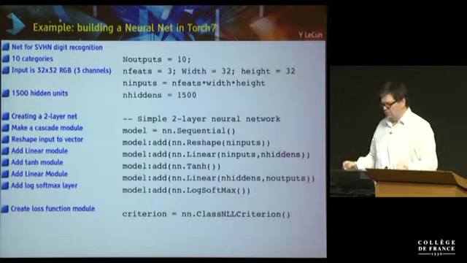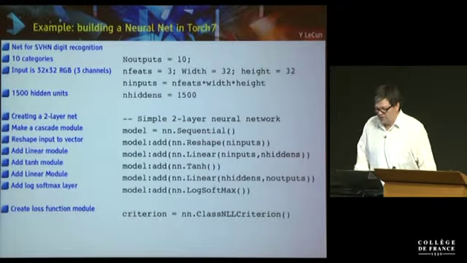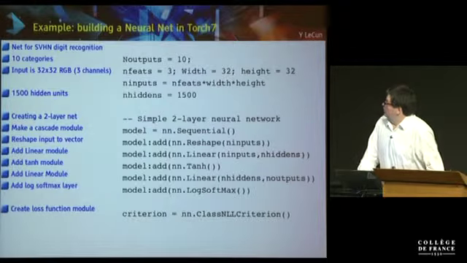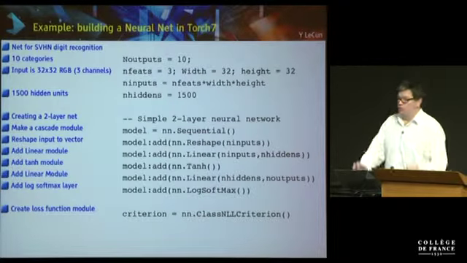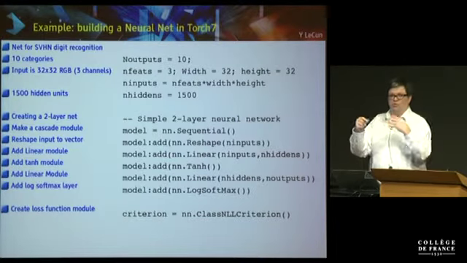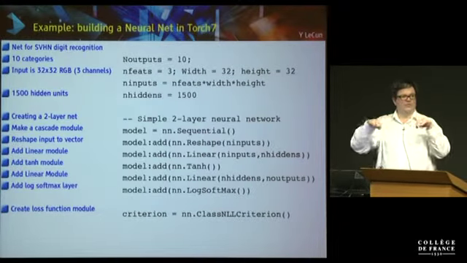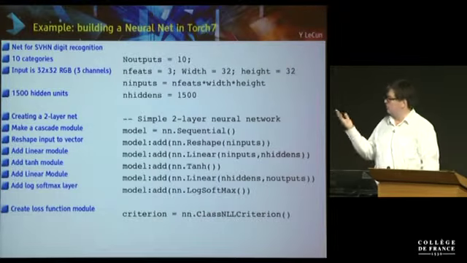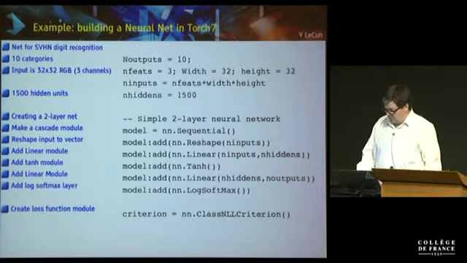Let me explain how to create a neural network using a tool such as Torch. There are other tools like Keras and the like that use a similar syntax. So you create a sort of container in which you add modules that are linear or non-linear or pooling modules and so on.